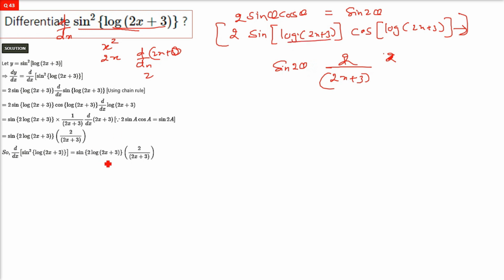It is log 2x plus 3, which I have written here also. So let me write it just for completion. Sine and the twice of log, and then what is inside, 2x plus 3. So sine 2 log 2x plus 3, and then we have 2 by 2x plus 3 in the denominator.